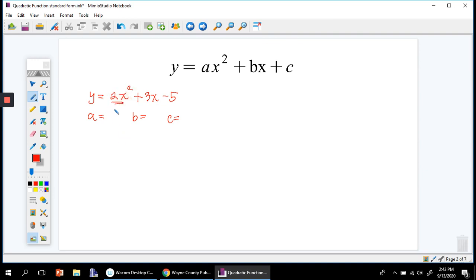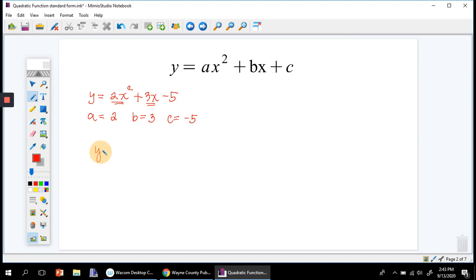So your a is 2. B is the coefficient of x, and that is 3x, so therefore your b is 3. And c is the constant term. Again, constant term is a term without a variable, so that is negative 5. You have to include the sign of the term, so negative 5.